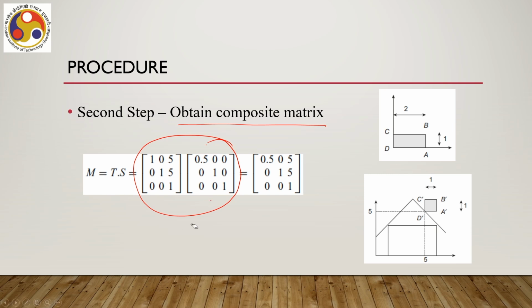If we follow the same, then we can see that scaling is the first transformation applied, followed by translation, and we arrange them from right to left as mentioned previously. And then we perform a multiplication of the matrices to get a composite transformation matrix in this form. That is the composite transformation matrix.